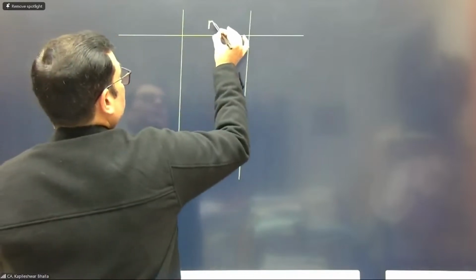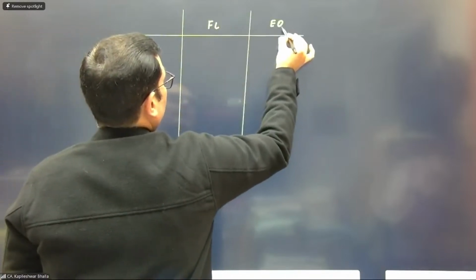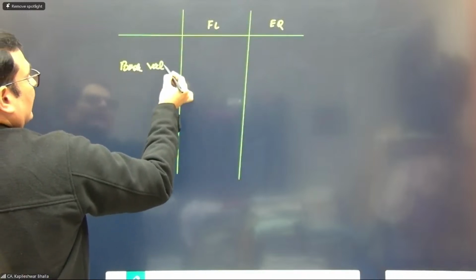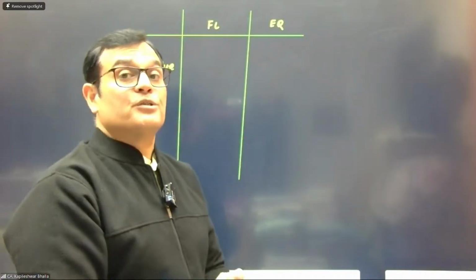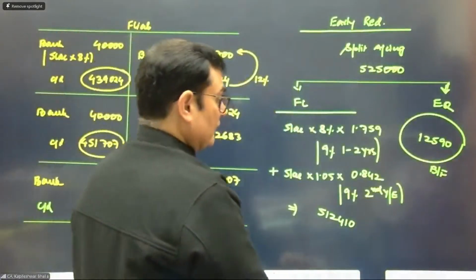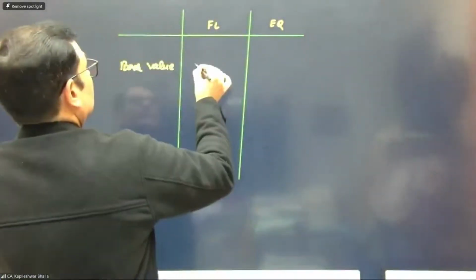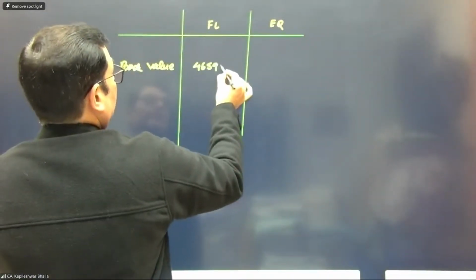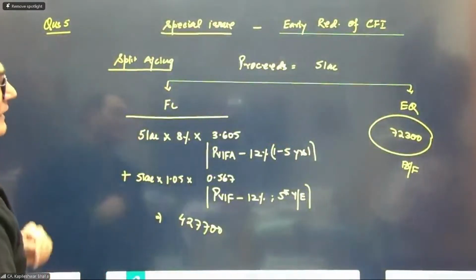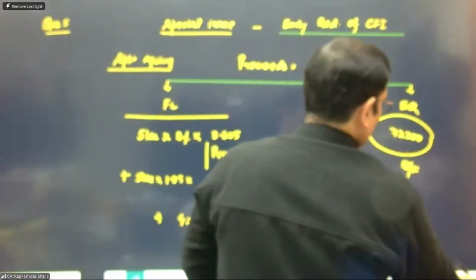So I have the financial liability component and the equity component, and we've got the book value of the FL as well as the equity component. Now look at the ledger account and see what the book value of the FL is. 465,912. And what is the book value of the equity component at inception? 72,300.